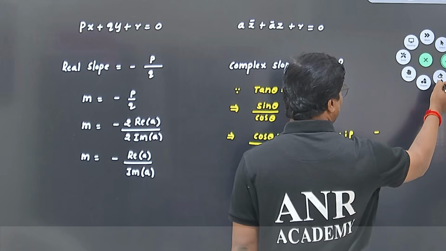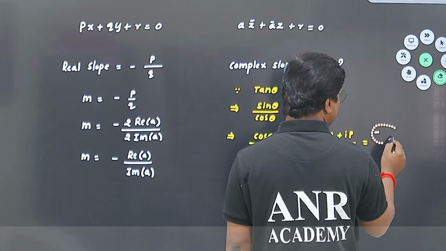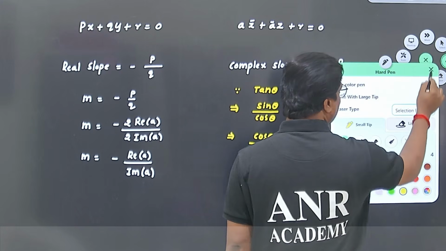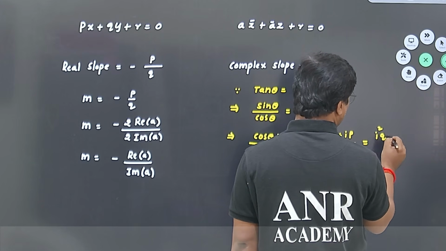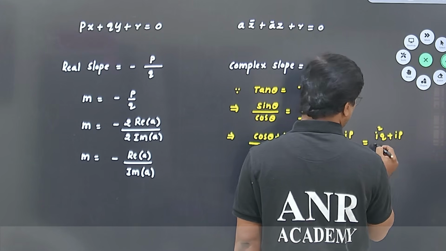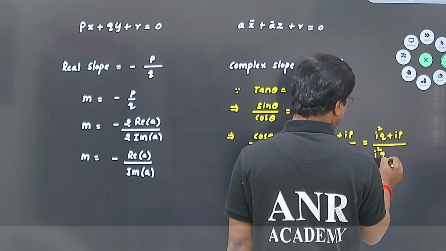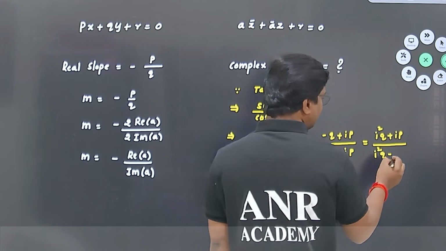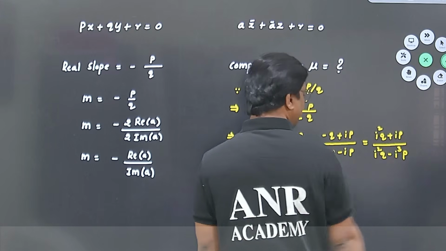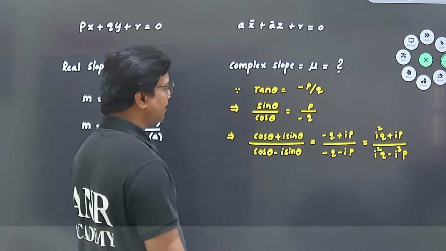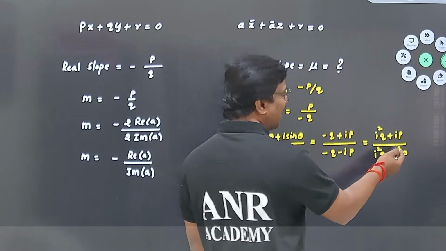Minus 1 I am going to write as i square. You can write i square q plus i p divided by i square q minus i cube p. Now simply put i p as it is.